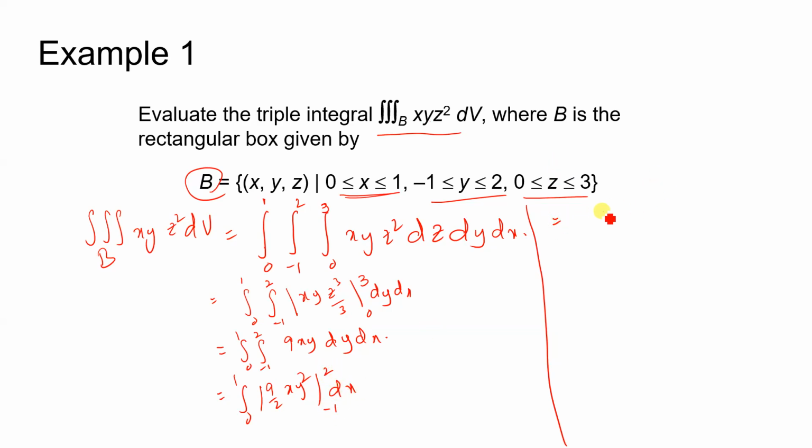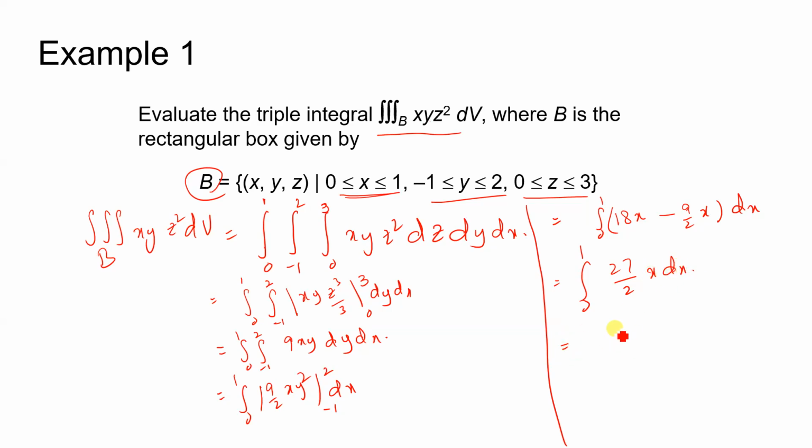This is equal to 0 to 1, when y is equal to 2, this is 4 divided by 2 is 2, so we have 18x, minus when y is equal to negative 1, this is 9 by 2 x, dx, and we can write it as 27 divided by 2 x dx.